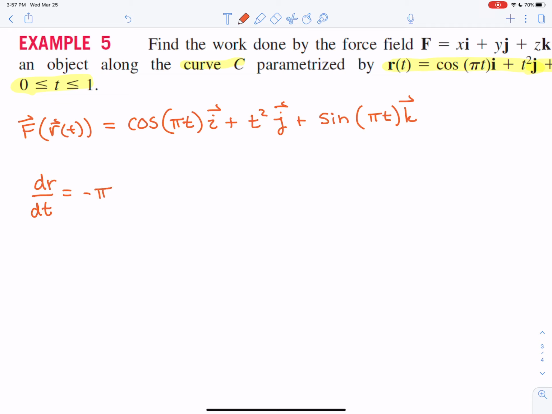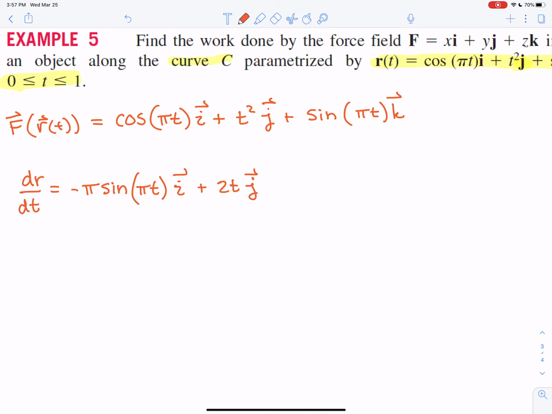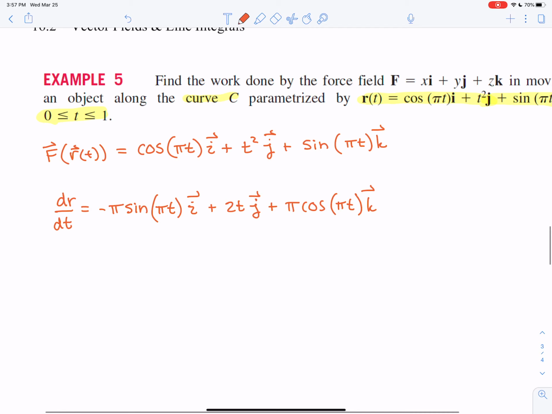Because we have the chain rule, negative pi sine of pi t i, don't forget my vectors, plus 2t j, plus, oh wait, it'll be pi cosine of pi t k, right? Because we have that chain rule because of the pi on the inside.